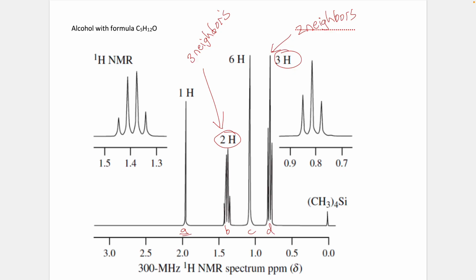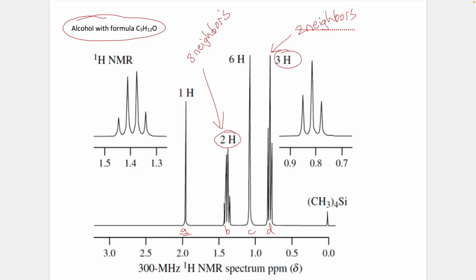The signal A is just some kind of isolated H. We don't know what it is exactly, except that there's a hint in the upper left-hand corner. It's really subtle, but it says it's an alcohol with formula C5H12O. You'd probably get that information from an IR spectrum. You'd see a big, bold OH signal in the IR spectrum around 3500. It'd be broad, it'd be smooth. And we know that OHs aren't split by their neighbors.